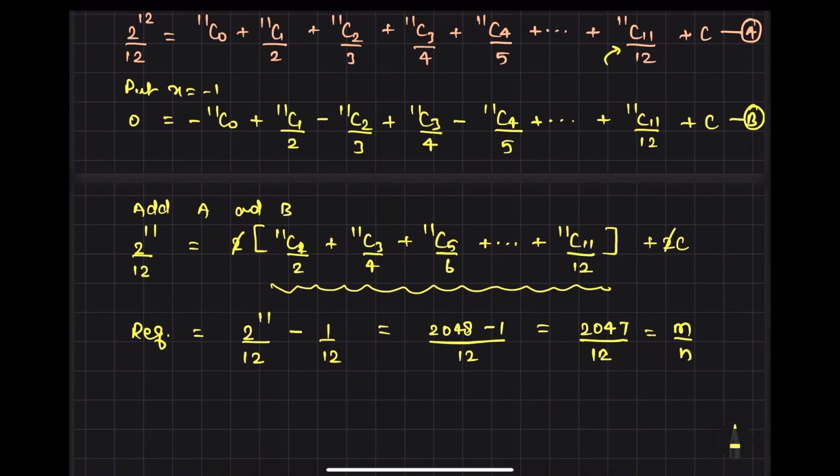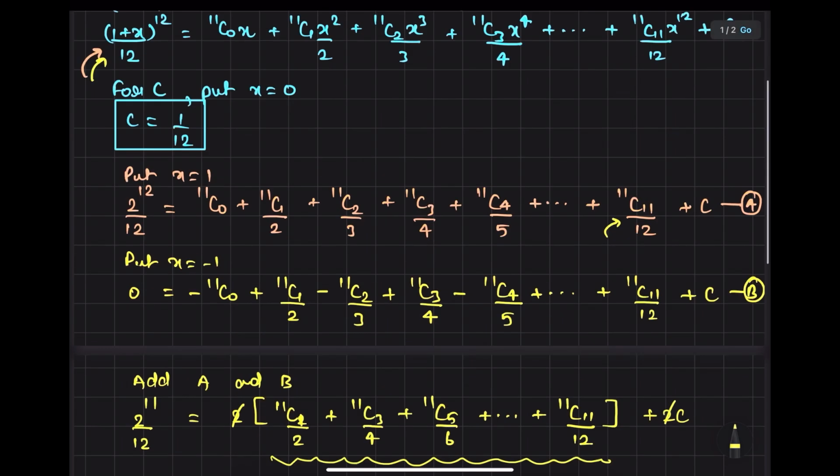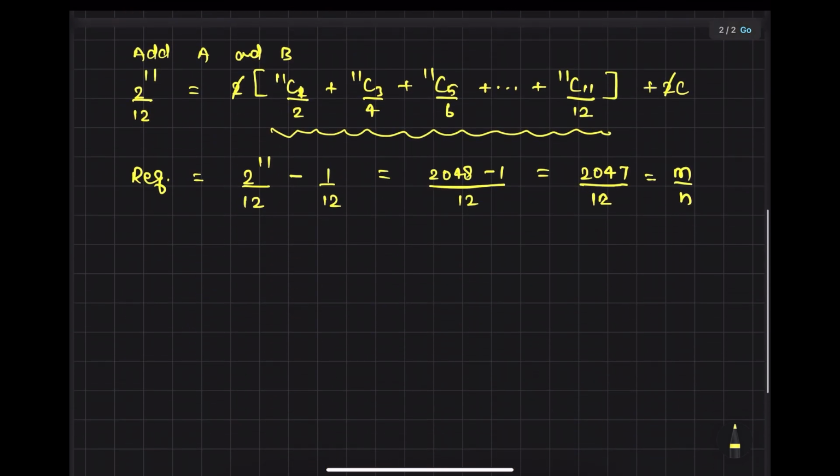If you observe the numerator, it is not divisible by 2, nor by 3 as well. So if you find HCF, you will have 1. Now we got m and n. Now we need to find m minus n. So the required m minus n is 2047 minus 12. So the answer is 2035.